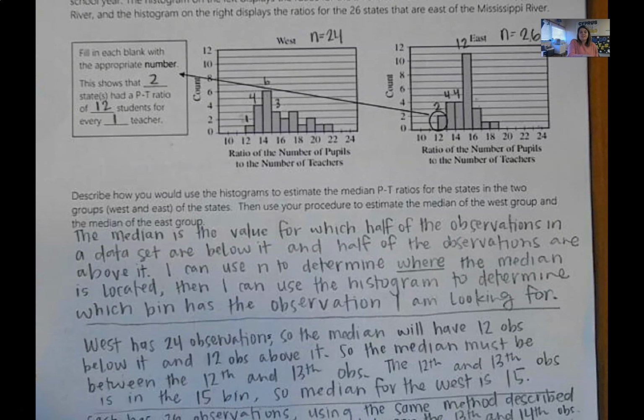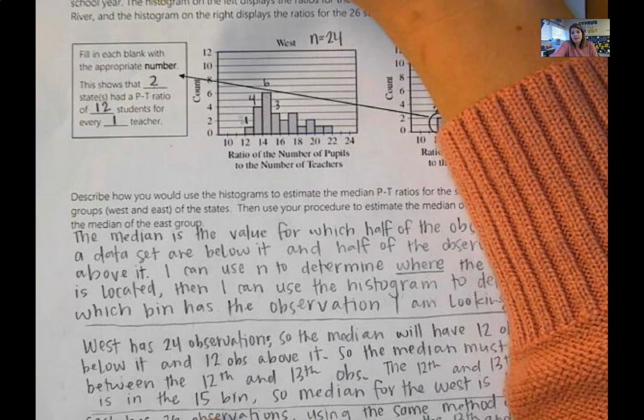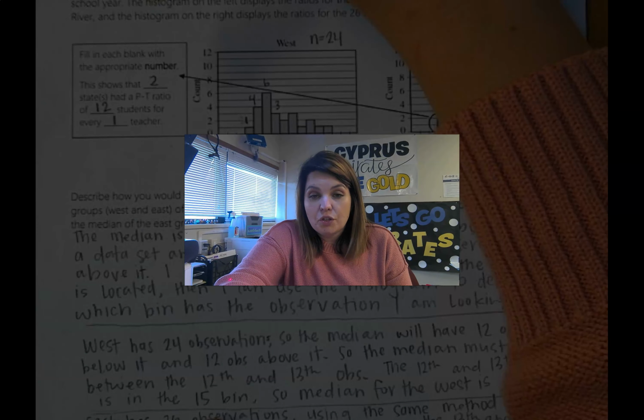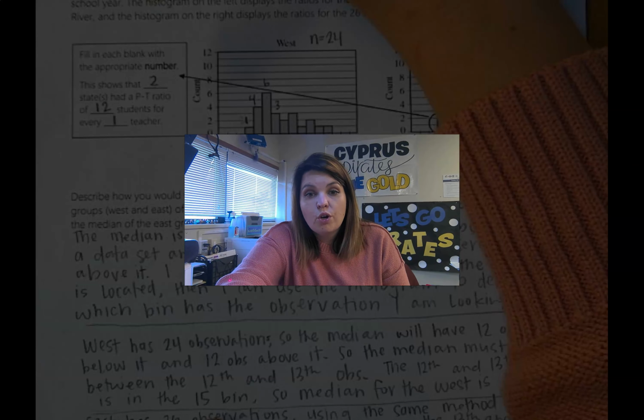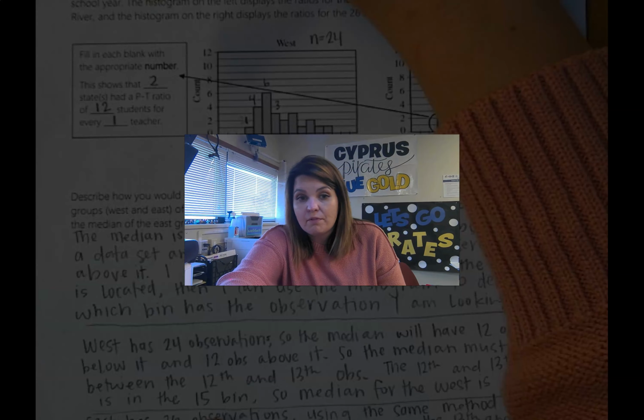You must state, if they ask you to describe how to find the median, what they are expecting you to say is that the median is the value for which half of the data is below it and half of the data is above it.